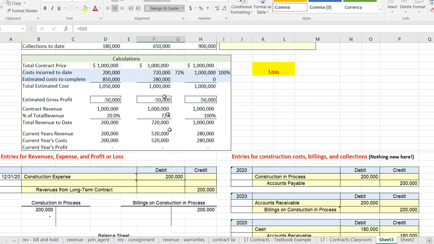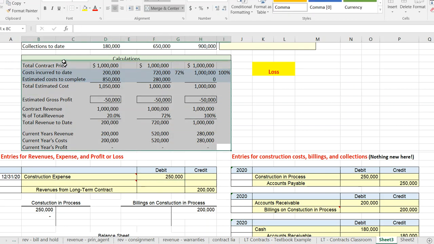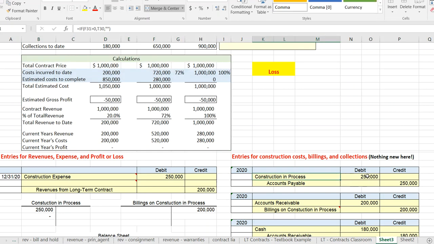We want to increase that by the amount of our expected loss, $50,000. Again, don't pay too much attention to our numbers up here. I haven't necessarily changed everything directly. But again, we incurred $200,000 in costs. We grossed that up by our expected loss.